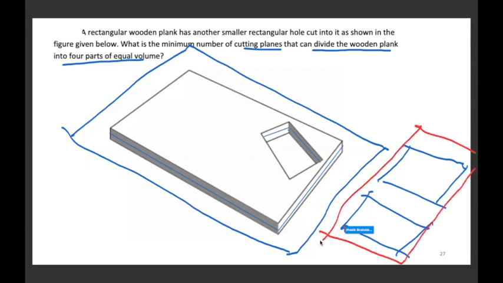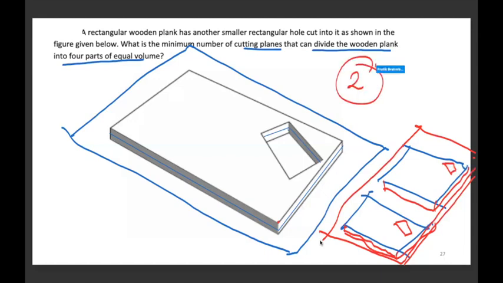The thickness will again be cut in half easily, just like how I halved the first one. So that's how I get 4 parts. So the number of planes required to cut will be 2 planes.